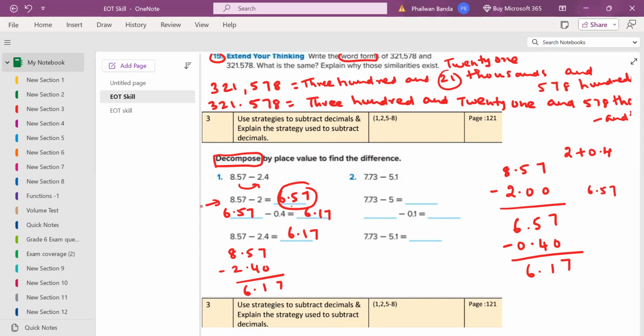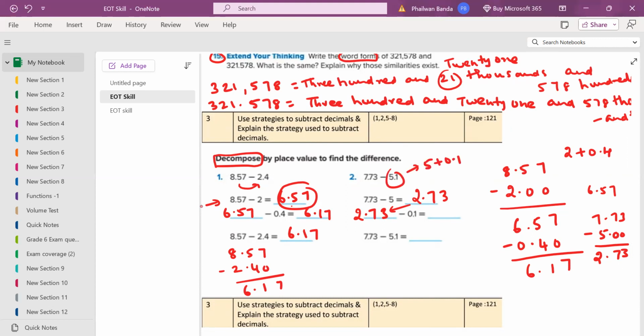Now, in the same way, you can do this. 7.73 minus 5.1. 7.73 minus 5, 5 means 5.00. 3, 7 and 2. Now 2.73. Now this answer should be written here. 2.73 minus 0.1. Why is it 0.1? Because 5.1 means 5 plus 0.1.